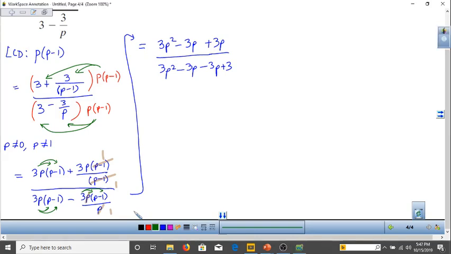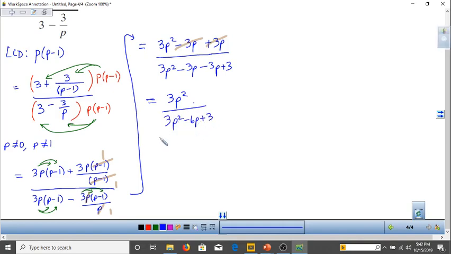Now, simplifying the numerator, as you can see, all of these have a max factor of 3, so we're going to factor out a 3 as well. So we have 3p squared as the numerator, because these two, when you add them, you get 0. And then the denominator is 3p squared minus 6p plus 3.